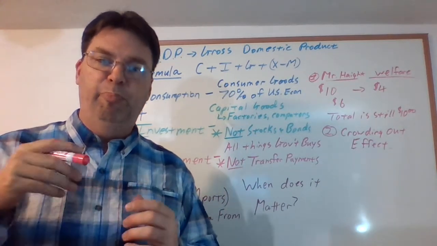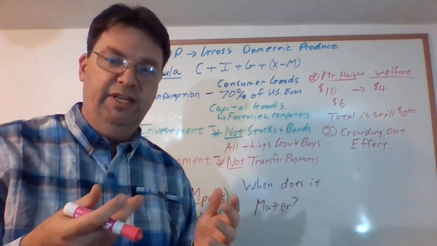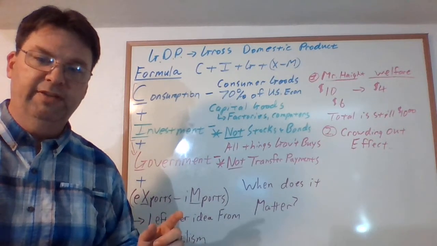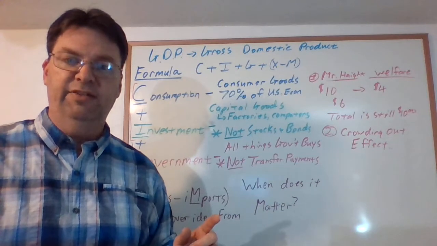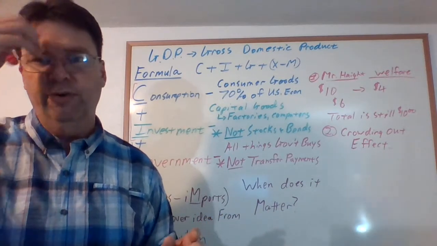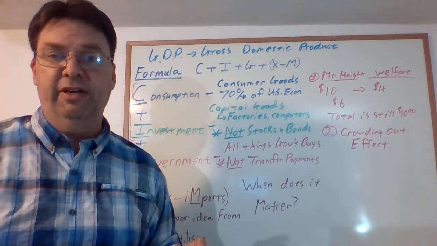If we borrow money to then buy things overseas, now this becomes really important. Because if we're borrowing money to buy this, then that means in the future our bill will come due, and we're going to have to pay for this by reducing our consumption.